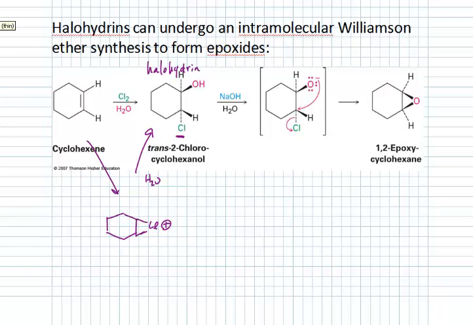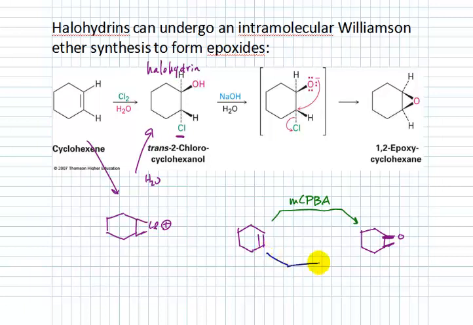There's really, I guess, not much advantage to one over the other, but in both cases, they'll get you an epoxide. We could do it with MCPBA. Or we could do it in 2 steps.